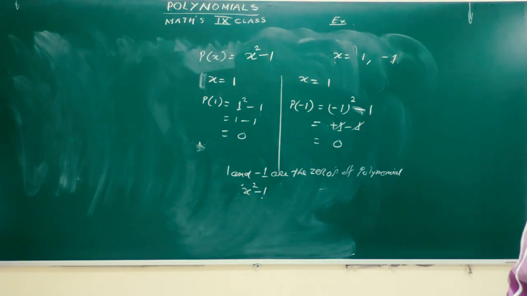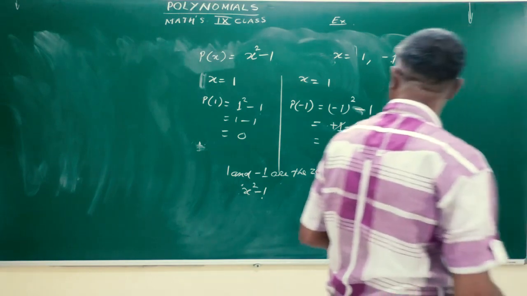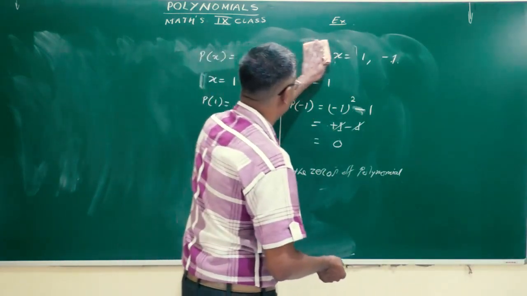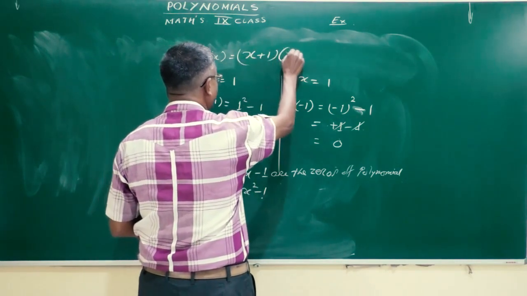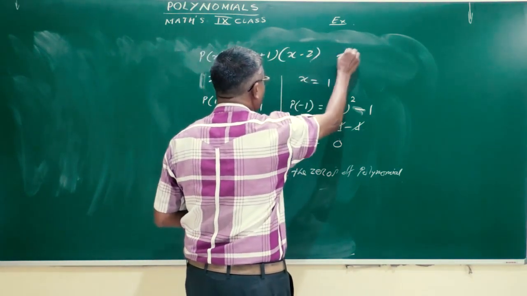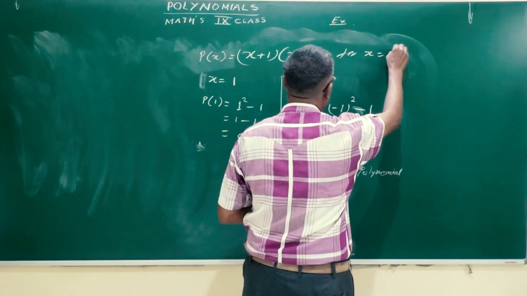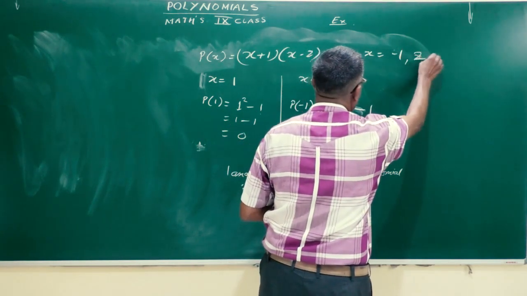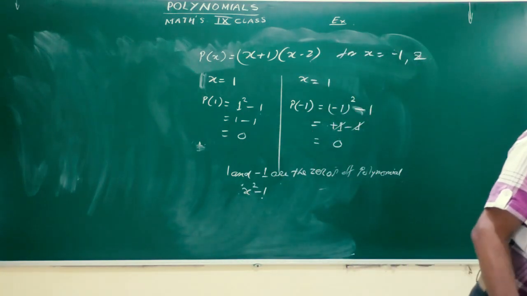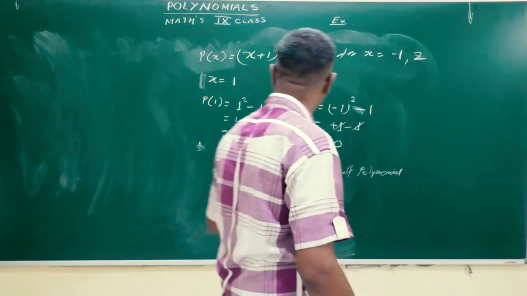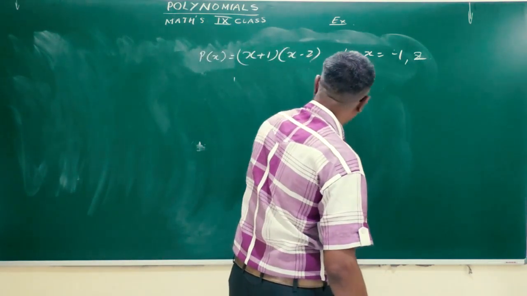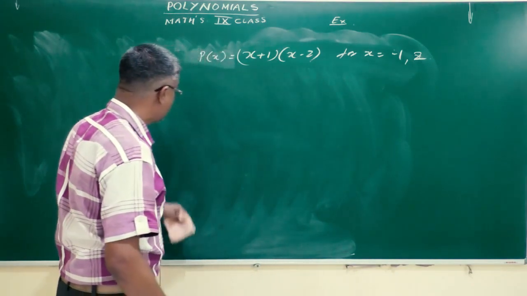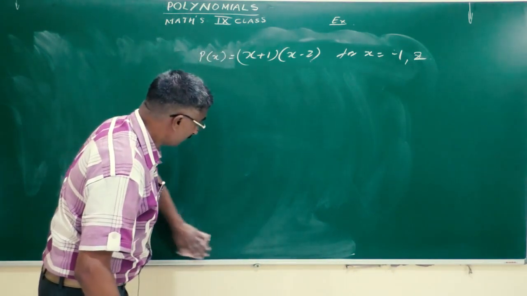Next one, that is the fourth one, P(x) is equal to (x plus 1)(x minus 2), for x is equal to minus 1 and 2. Is it correct? I have to check. Yes, minus 1 and 2. By solving the problems, the basics of polynomials will be very clear.